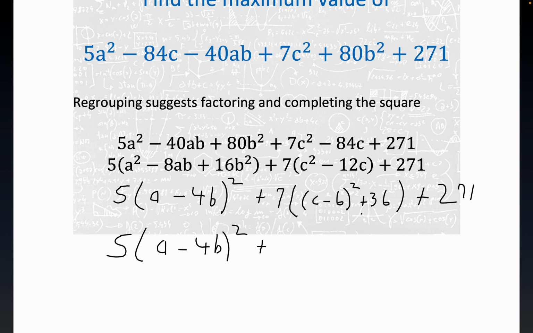So what we can do, we can balance it out by just stating this. We can write 7 times C minus 6 quantity squared. Now, again, 7 times 36 is 252, so if we subtract that away, we have this statement.